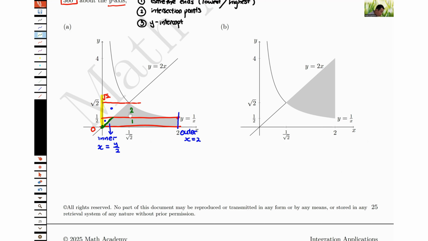Region 2 above, this is now the outer. This is further from the axis. This is the outer curve, so this is x equals 1 over y. And this other curve here is your inner curve, for which we have the equation. I've prepped for that. It's the same curve, x equals y over 2.